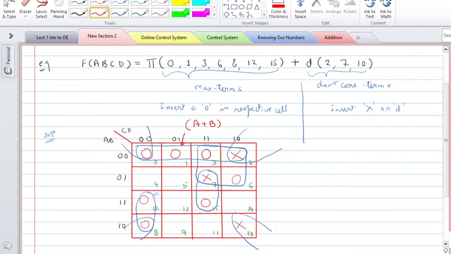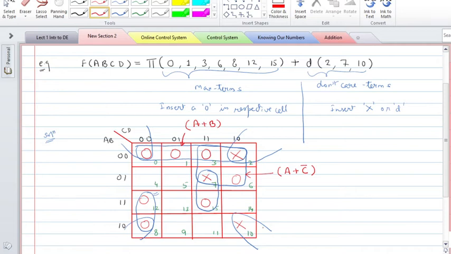Second group is this one. The max term for this group will be, because A is constant with value 0, that's why A, and C is constant with value 1, so C bar.